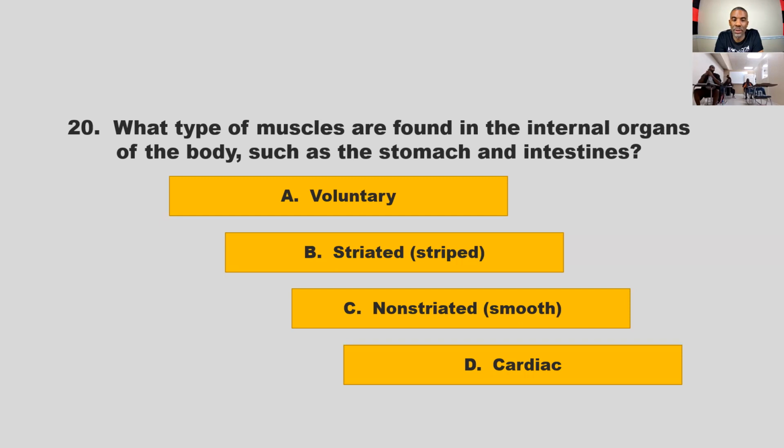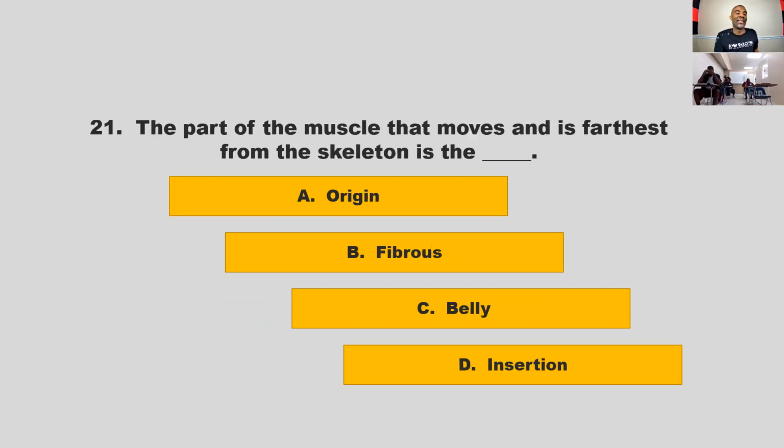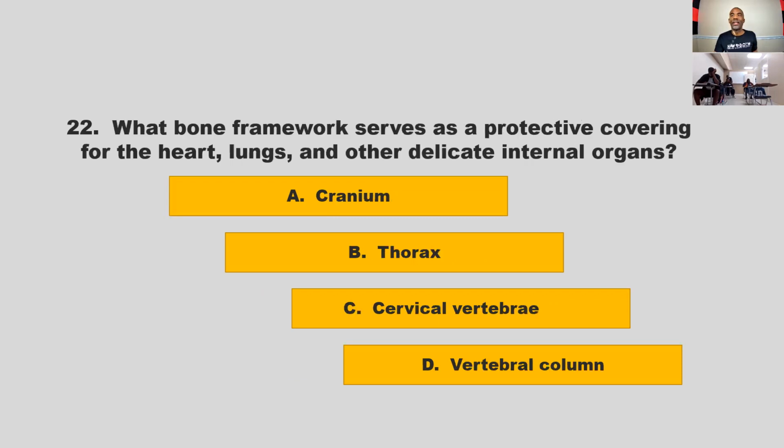What type of muscles are found in the internal organs of the body, such as the stomach and intestines? It's C. That is correct. Non-striated. The part of the muscle that moves and is farthest from the skeleton is the blank. Is it the origin, fibrous, belly, or insertion? Insertion. That is correct. Insertion.